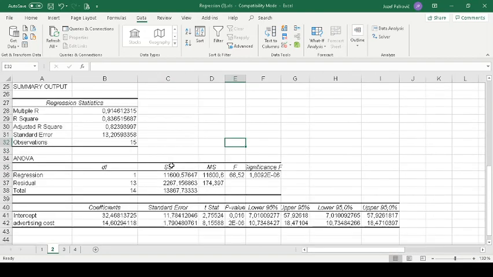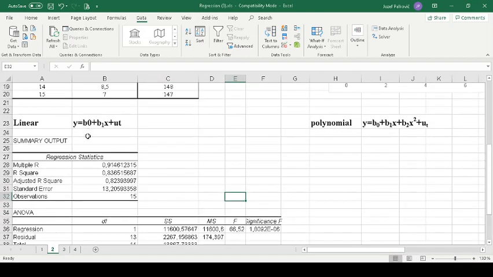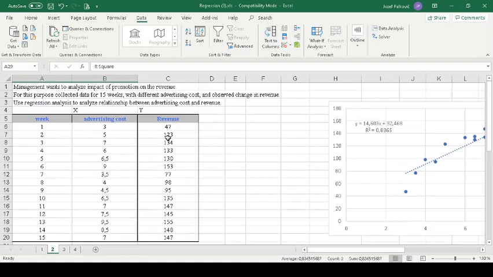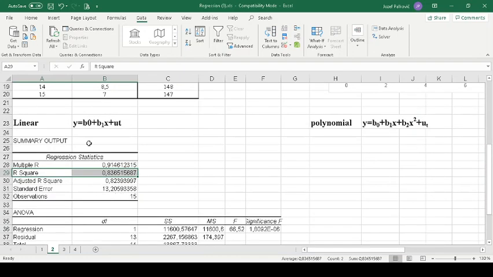So what you should know in this output: multiple R 0.91 means strong correlation, a strong relationship between these two variables. R square: the linear function describes or explains 84% of the variability of revenues.